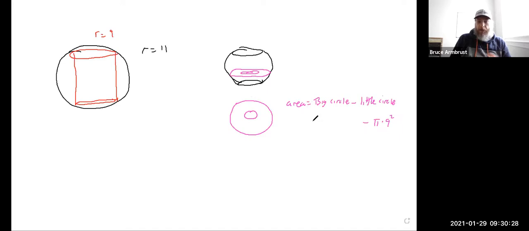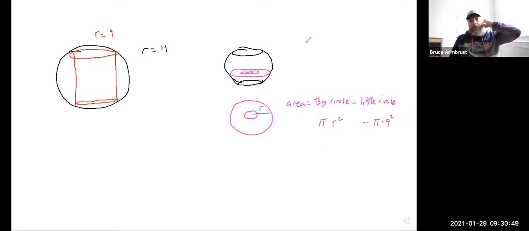The bigger circle, we'll call this guy, say, pi times r squared. Let me actually make it a little r. And that radius r is this distance right here.